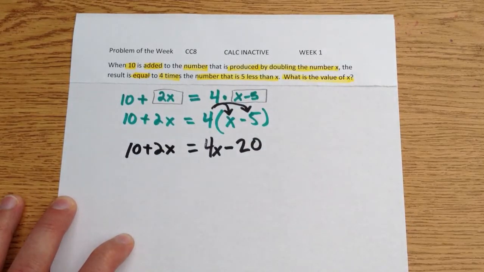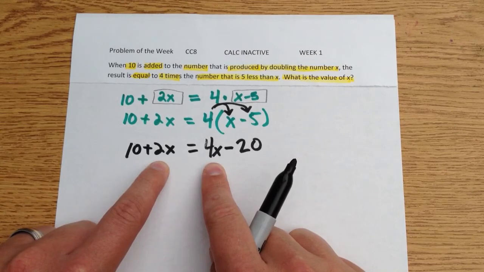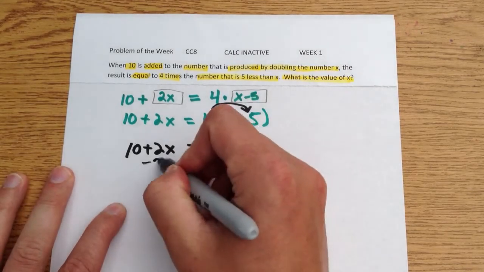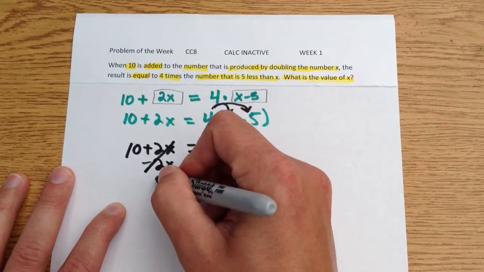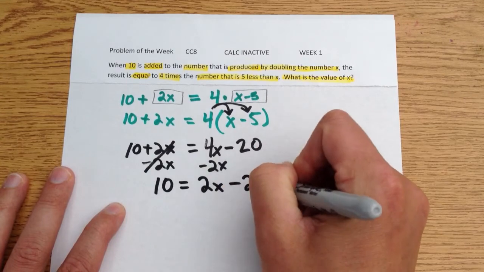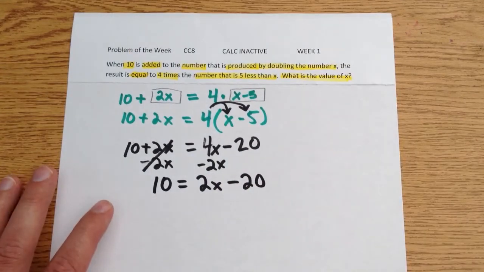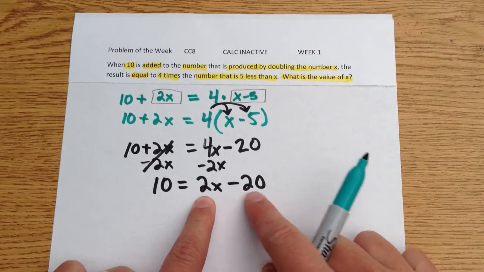Okay. Next step, well, we have variables on both sides, so I like to get those on one side first. So I'm going to subtract 2x from both sides. These cancel. I'm left with 10 equals 2x minus 20. Okay? So now I have one variable that I need to isolate. Well, I have a 2 with it and I have a minus 20 with it.